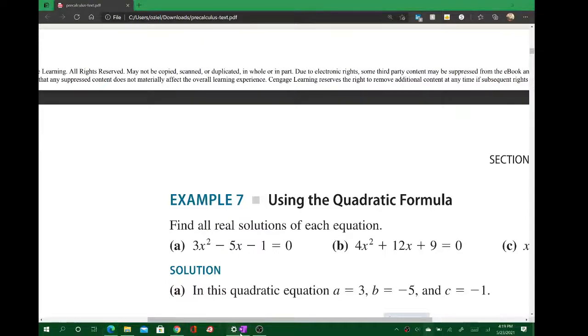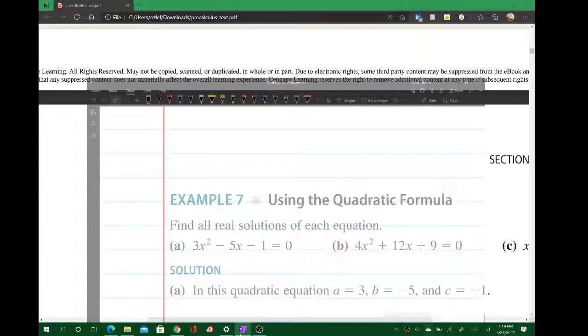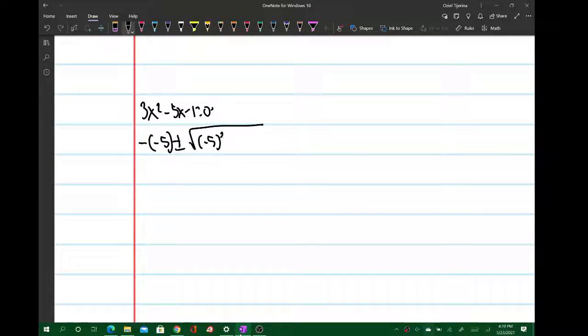Now the quadratic formula, and I'm going to go over this one very quickly. 3x squared minus 5x minus 1 equals 0. It's going to be negative of negative 5 plus or minus the square root of the quantity negative 5 squared minus 4 times 3 times negative 1, all over 2 times 3.